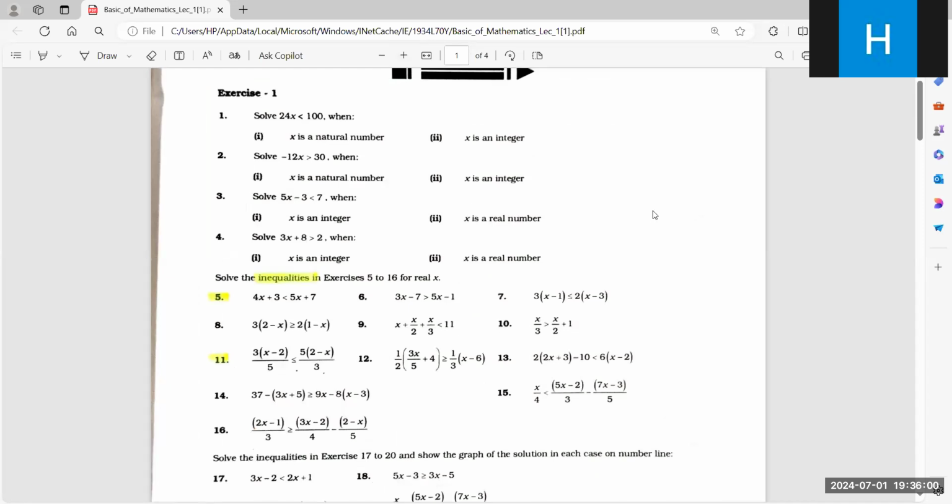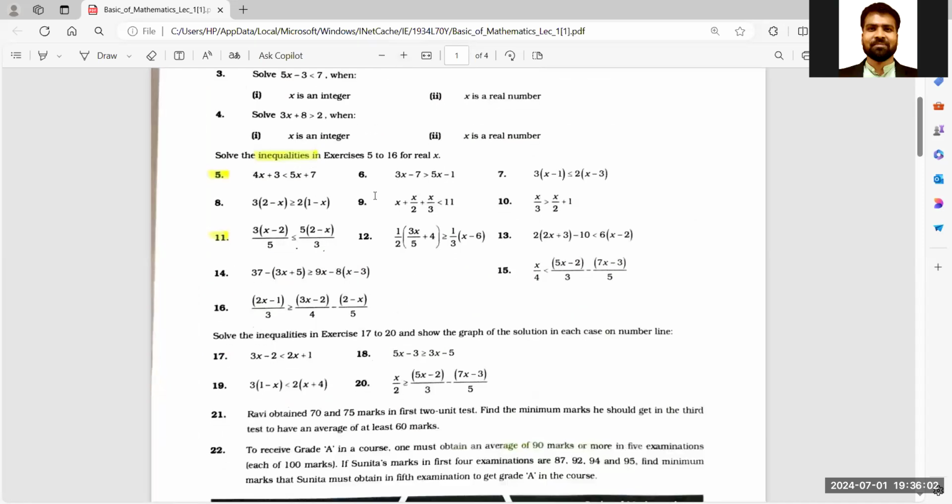Okay. See, here we have some inequalities. So I am going to take some inequality from here. Let's take question number 11.